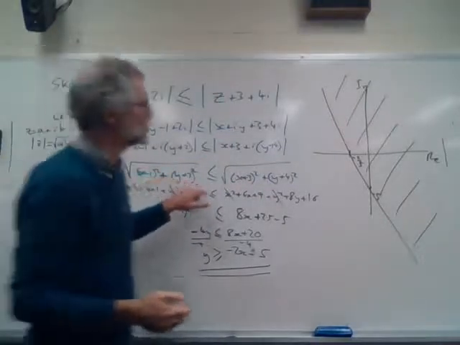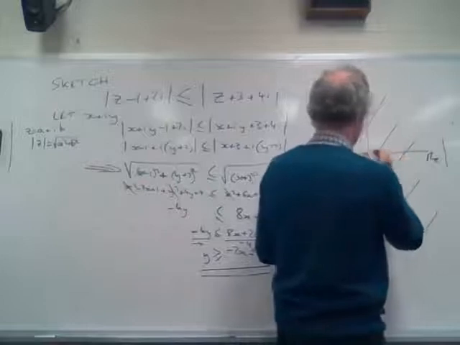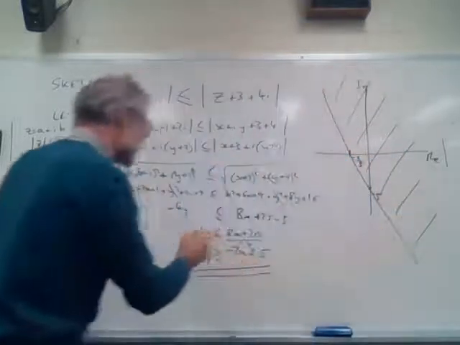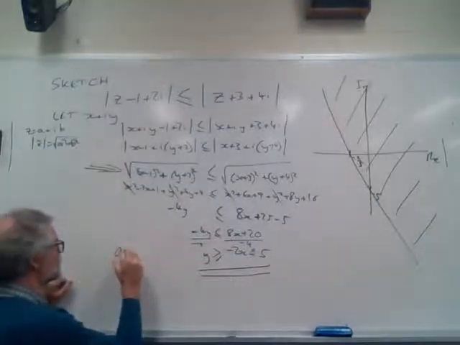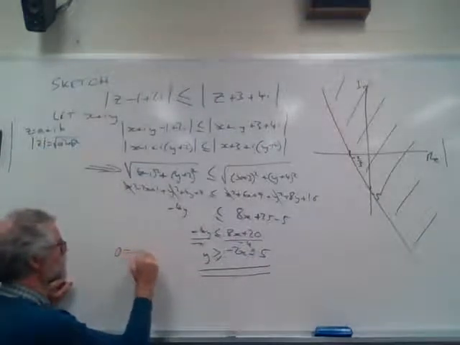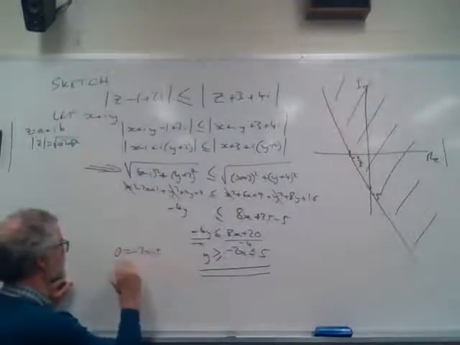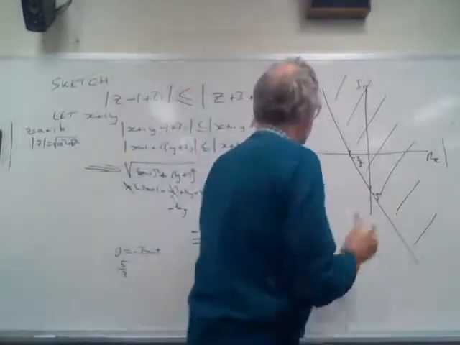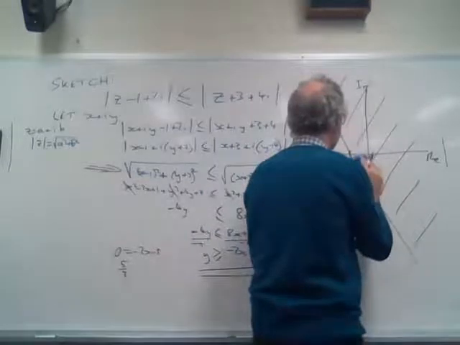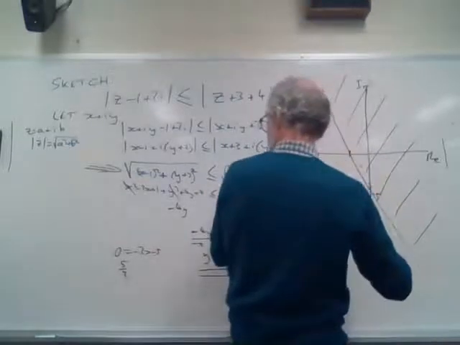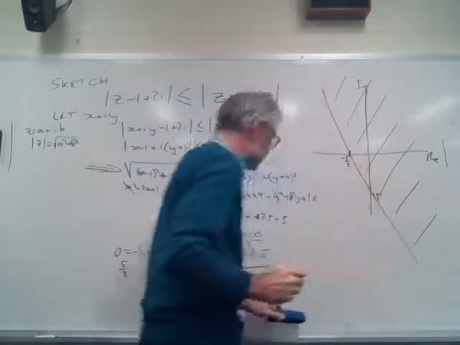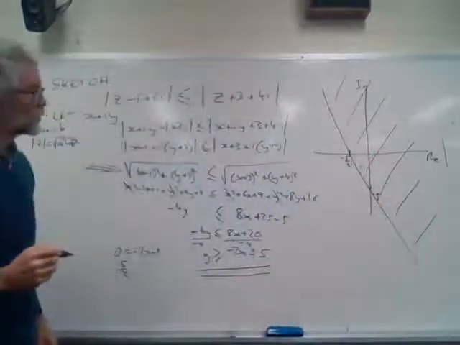So 1, -2. The scale is funny, -2/5. Did I do that right? Let me just check that. 0 equals 2x plus 5, so 5 over 2. Oops. That should be a 5 over 2, not a 2 over 5. That's right here. That's what it should look like.